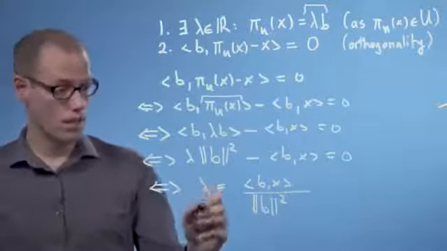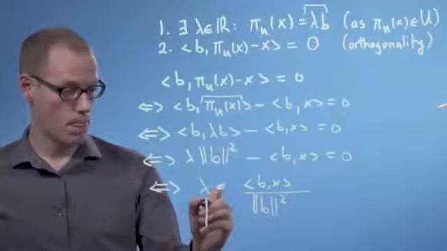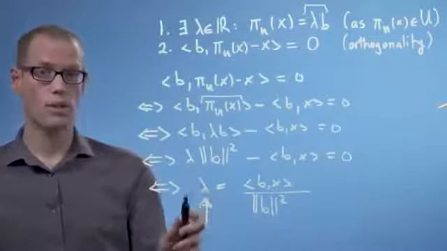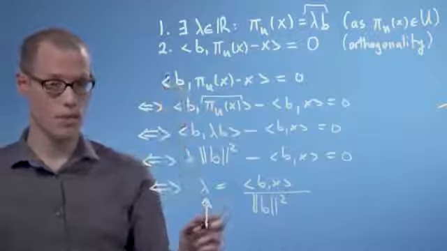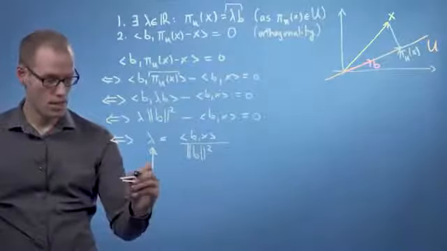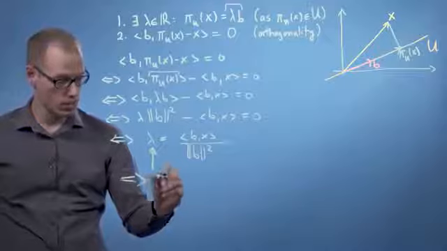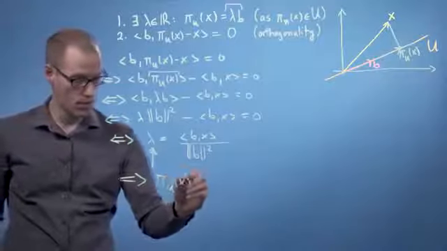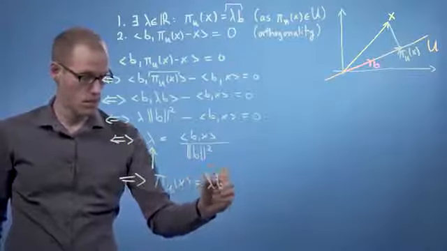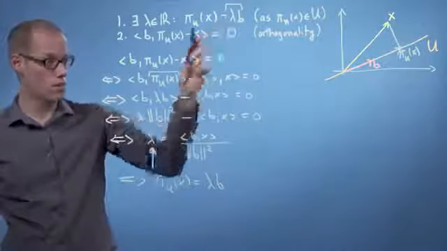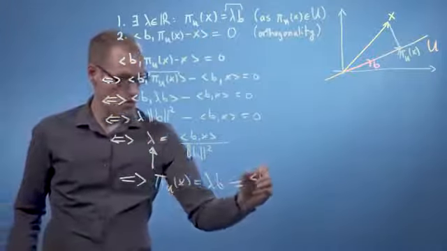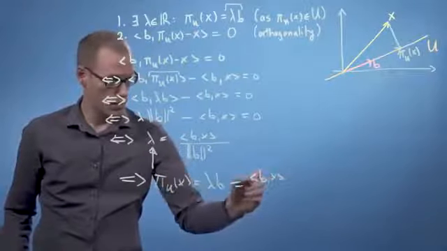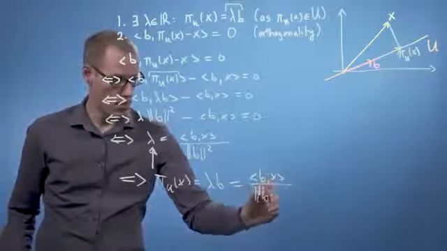So now we found lambda, which is the coordinate of our projection with respect to the basis b. And that means that our projection, using the first condition, is lambda times b, which is now the inner product of b with x divided by the squared norm of b, times b.